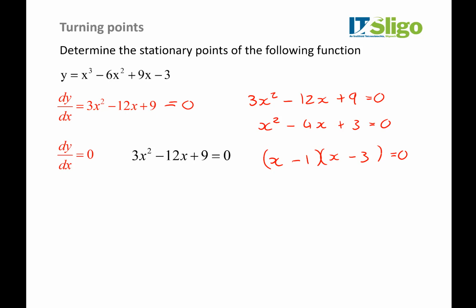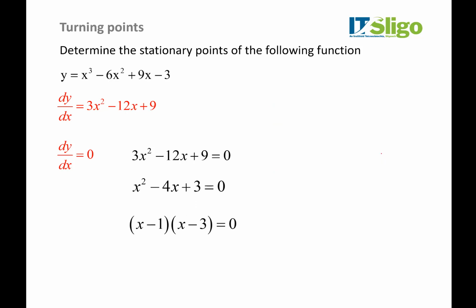Quick check, that's okay. And there's our factors. Now we let each bracket equal to 0. This will give us x is equal to 1. We let the other bracket equal to 0. Bring the 3 across, we get x is equal to 3.